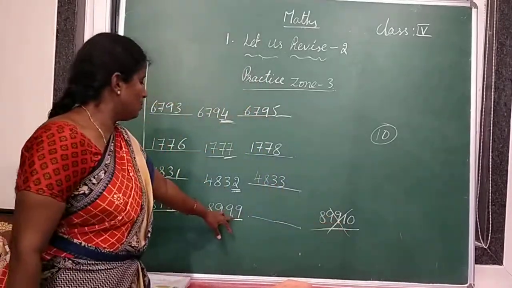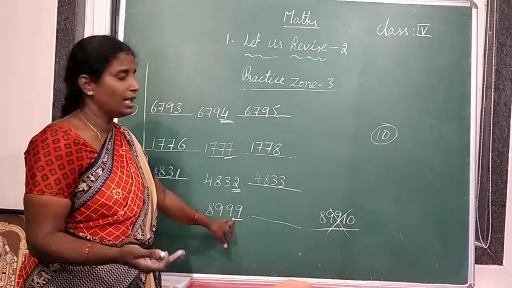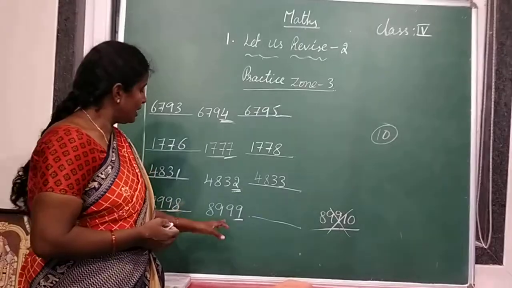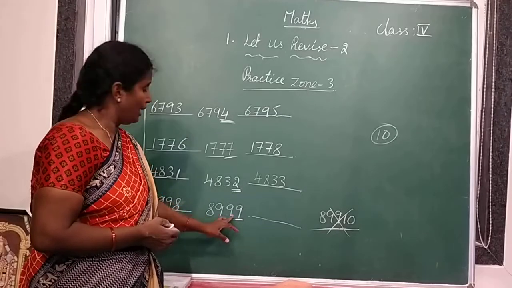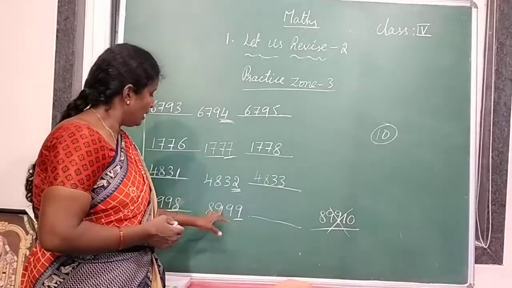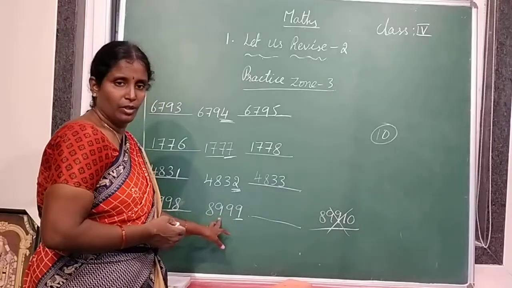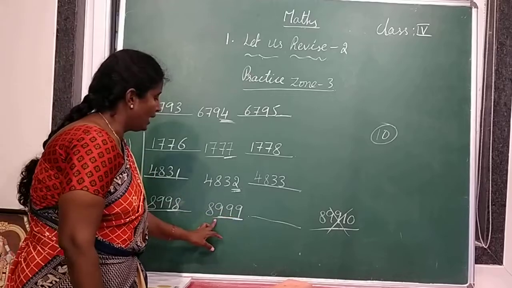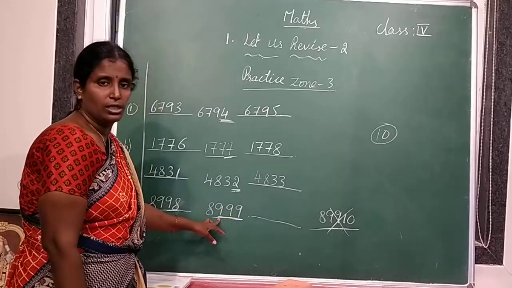If 9 is in the ones place, when we are writing the successor, we have to check the tens place digit. This is 99. Again here also 9. 999. So 3 nines are there. In place of the 9s, we have to write zeros.